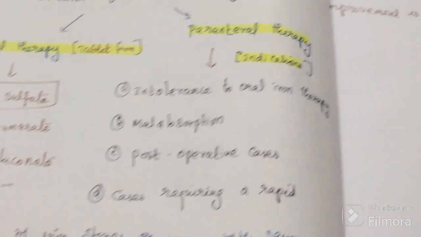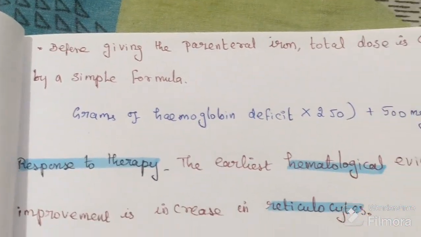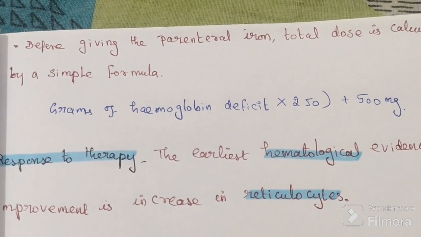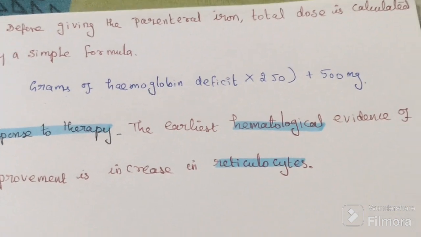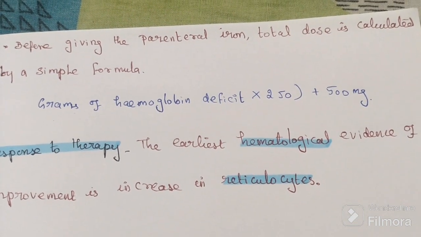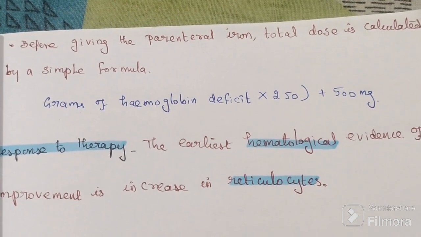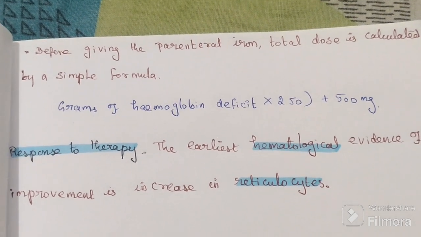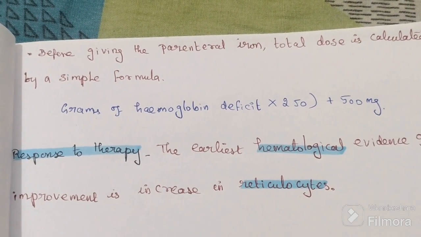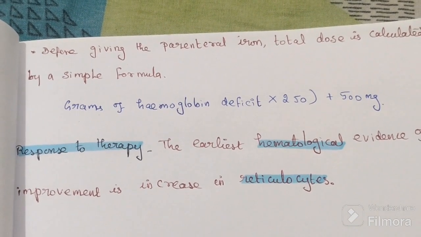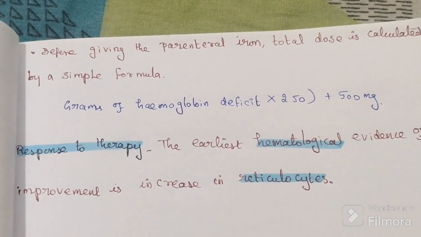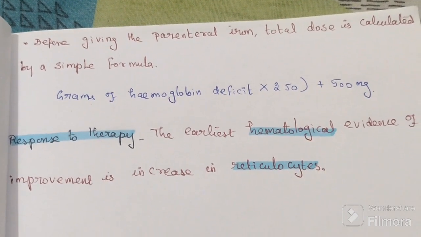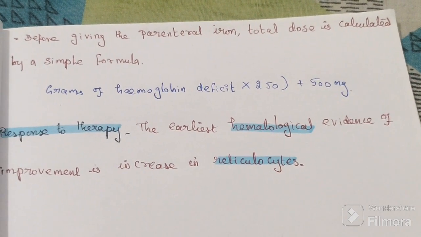Response to therapy: as soon as you give the therapy, either oral or intravenous, the first thing that happens is an increase in reticulocytes. Reticulocytes go on increasing, showing that the patient is responding to the therapy. So that is all about iron deficiency anemia.